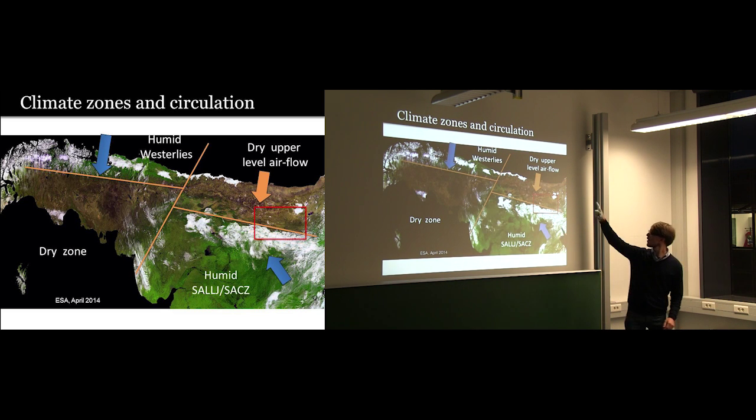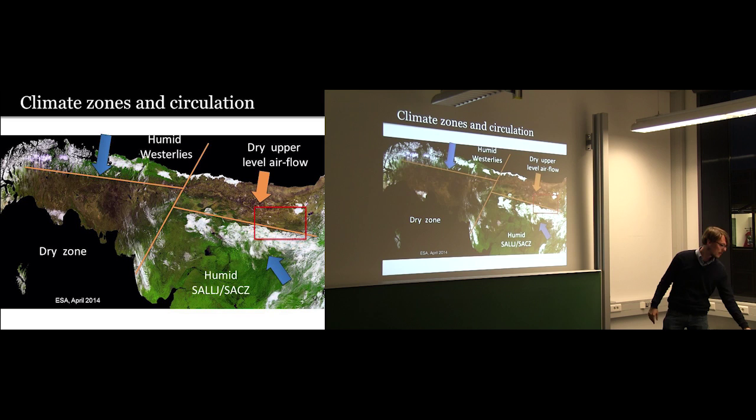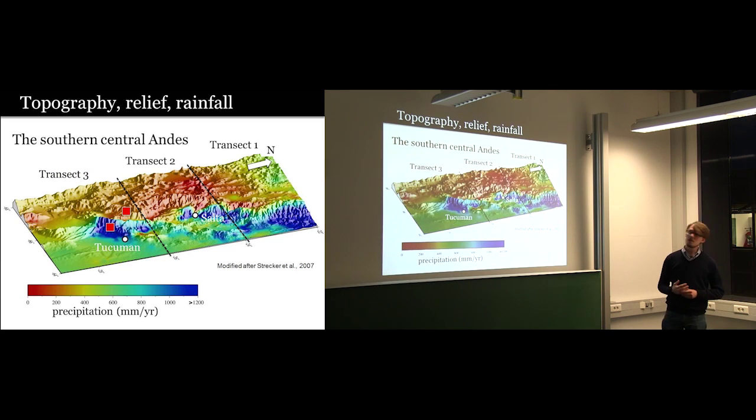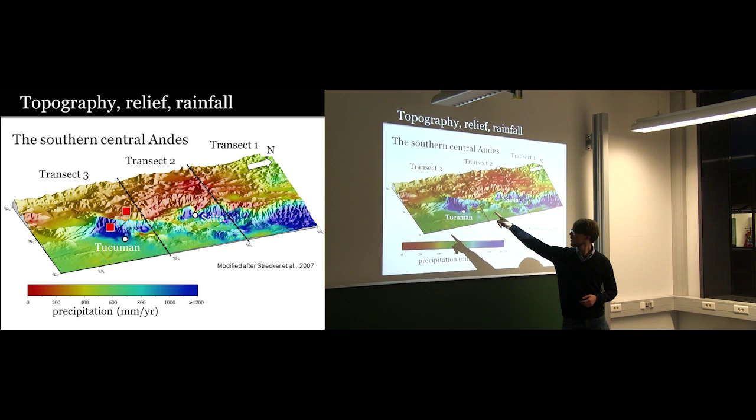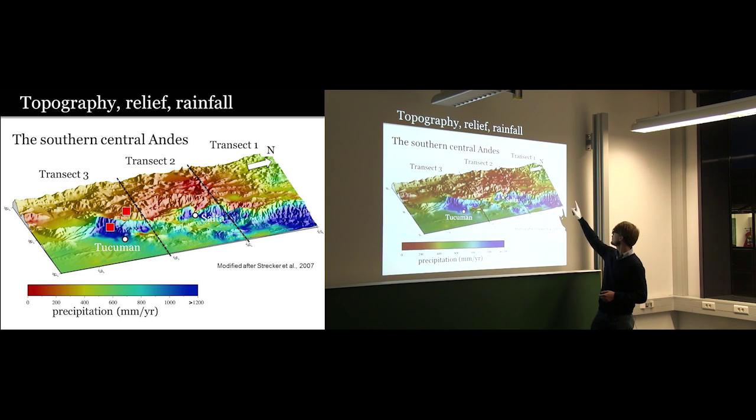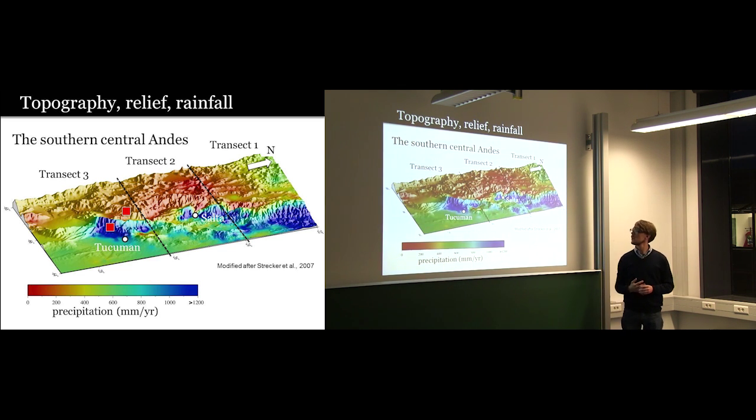So again, here in the red, this is where our study area is located. This is a zoom-in of our study area, going from 28 degrees south all the way up to 22 degrees south towards the north.